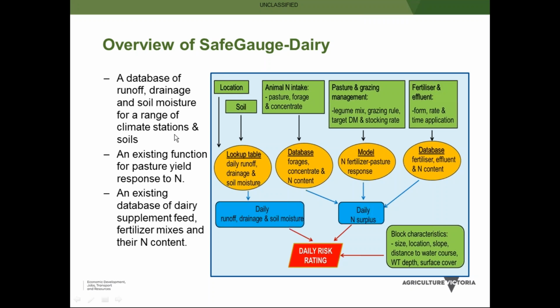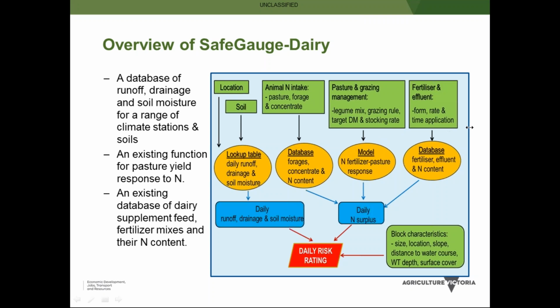It also has an existing function for pasture yield response to nitrogen applications, and an existing database of dairy supplementary feed, fertilizer mixes, and their nitrogen content. Basically, the users will have to put in input details with regard to location, soil, animal intake, pasture grazing management, and fertilizer and effluent details.